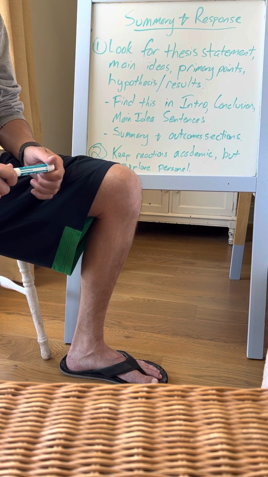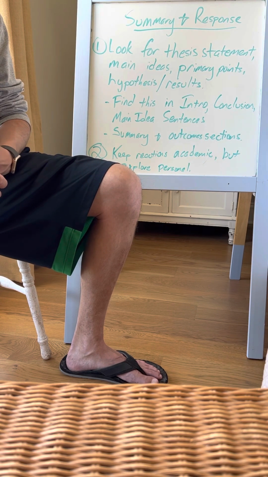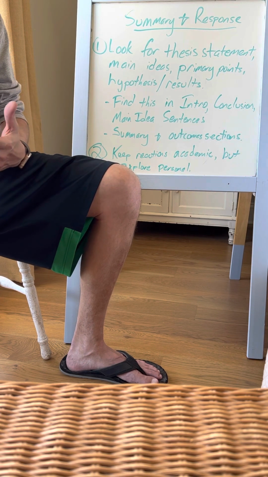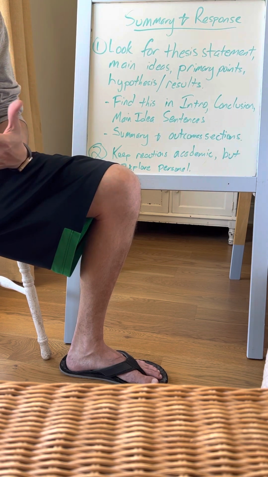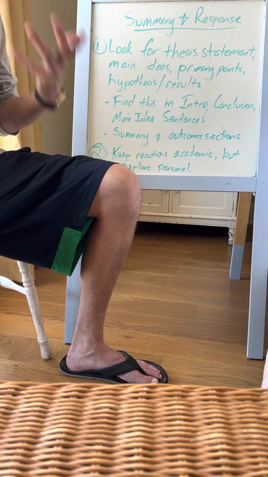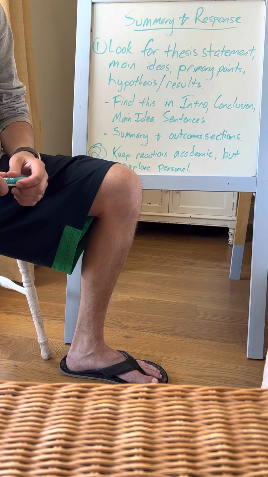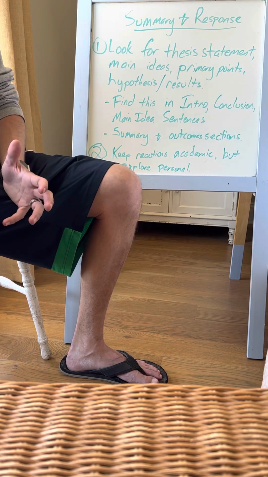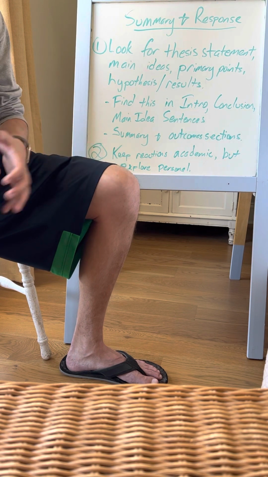Usually this isn't the end project. It's something you do to evaluate your sources and figure out what is potentially valuable about something. With summary and response, it's usually somewhere along the lines of 50% summary and 50% response.